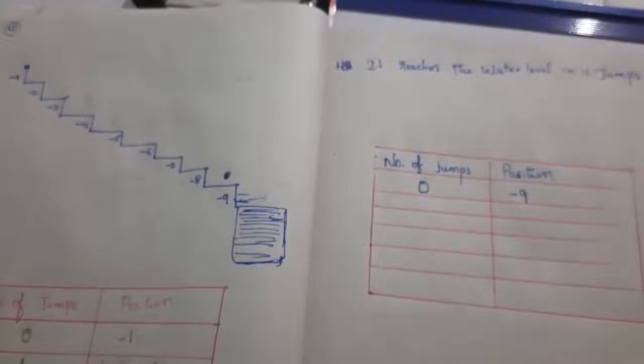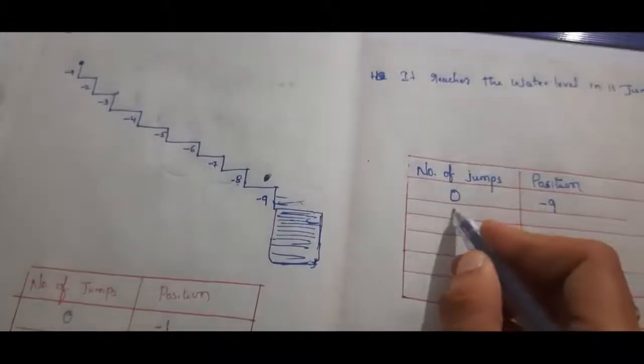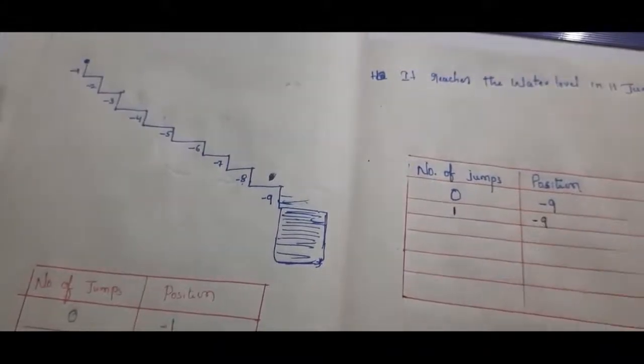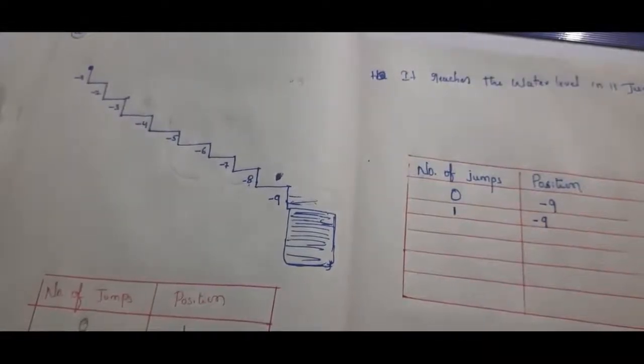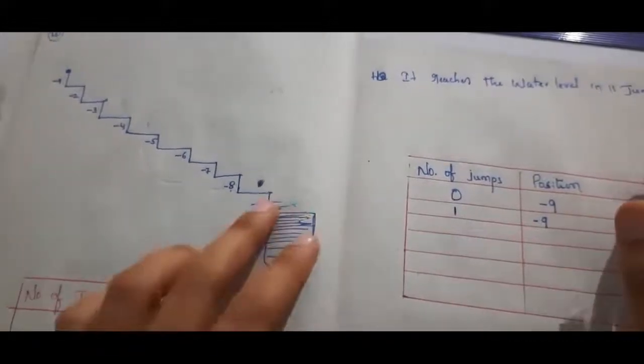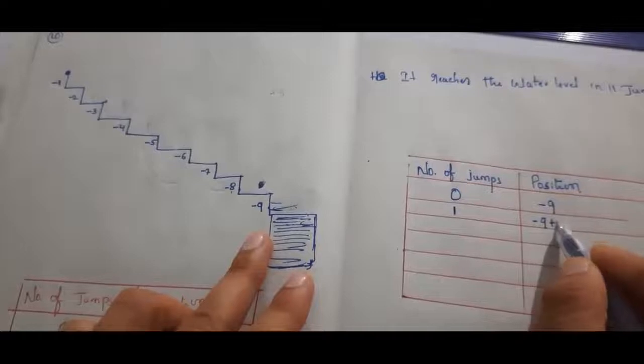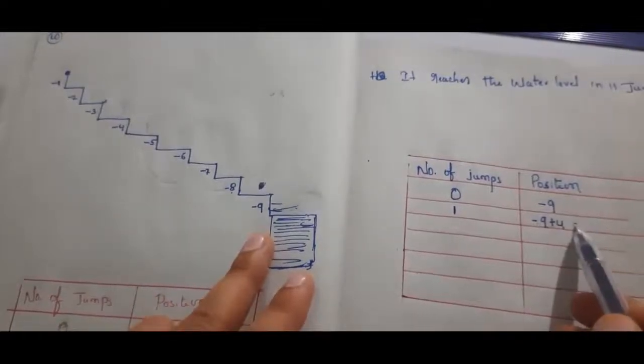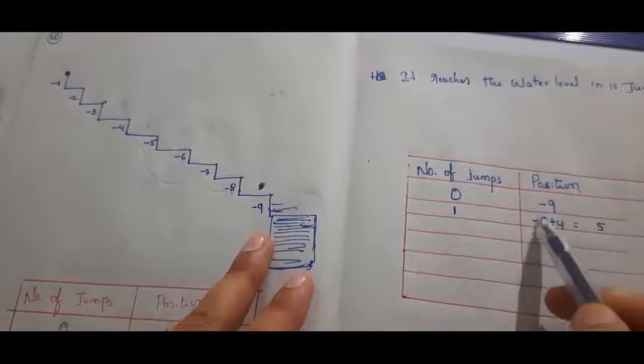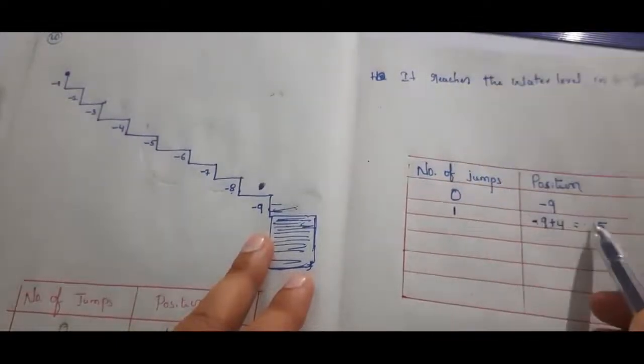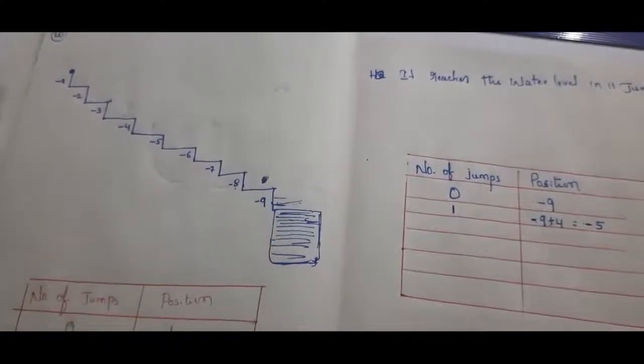In the first jump, minus 9, minus 4, or plus 4, because it is moving upward, so we have to take minus 9 plus 4, plus into minus, minus 9 minus 4, 5. Which number is greater? 9. Which sign does it have? Minus 5. Now the monkey is in which position?